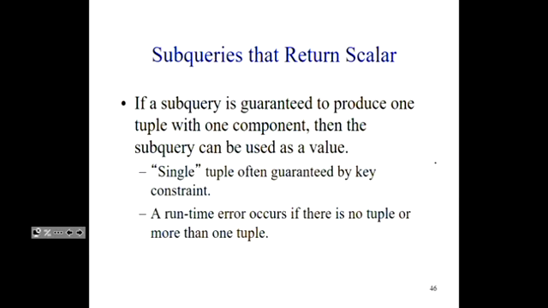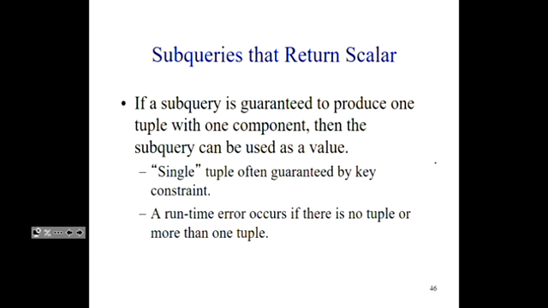So let's start with the simplest form of a subquery. The simplest form of a subquery is one that returns a single scalar value. When would this be the case? For instance, if you have a functional dependency that holds, and because of that, the result of a select from where statement ends up being a single value.